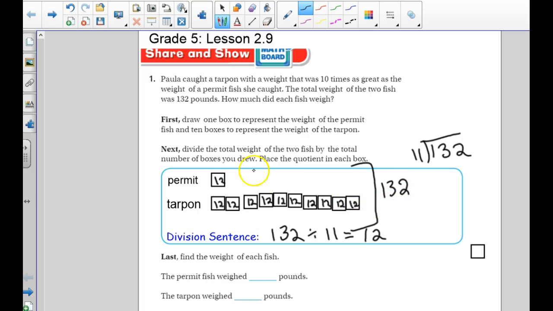So this now tells us the permit fish weighs 12 pounds, obviously, we do know that, but we can now total up how many pounds the tarpon fish is. So we have 10 boxes for the tarpon fish, right? So we got 10 boxes here. And each box is 12 pounds. So that tells us that the tarpon is 120 pounds.